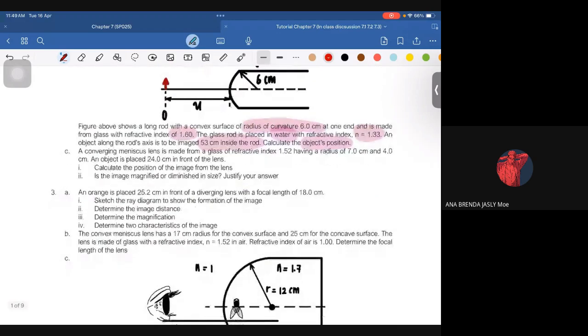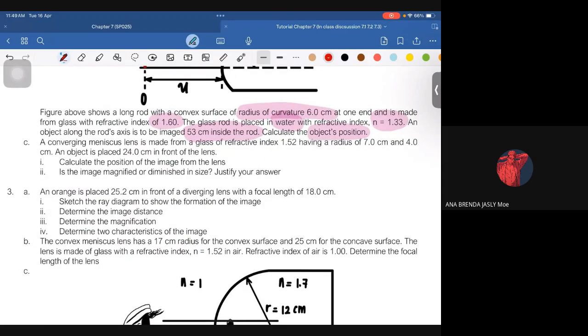Okay, so that's done. Next one, we have a converging meniscus lens. Okay, so dia bagi tahu this is a converging and then it is a meniscus lens. So it is made from a glass of refractive index 1.52, having a radius of 7 and 4 centimeter. So this object is placed 24 centimeter in front of the lens.